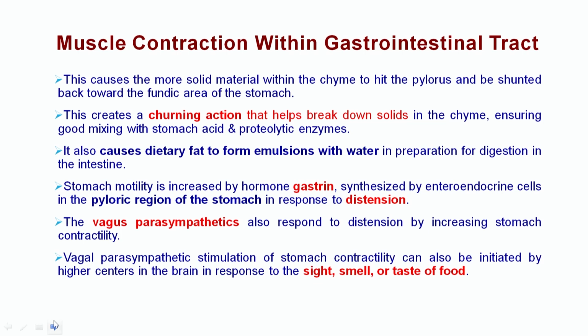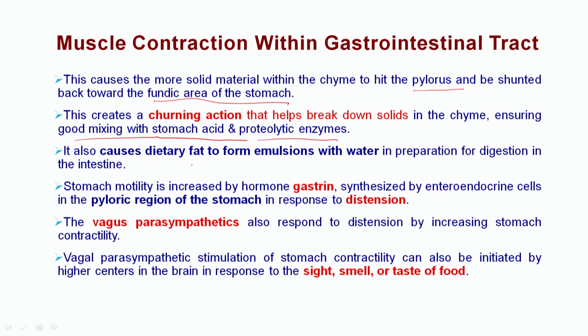This causes the more solid material within the chyme to hit the pylorus and be shunted back towards the fundic area of the stomach. This creates a churning action that helps break down solids in the chyme, ensuring good mixing with the stomach acid and proteolytic enzymes.